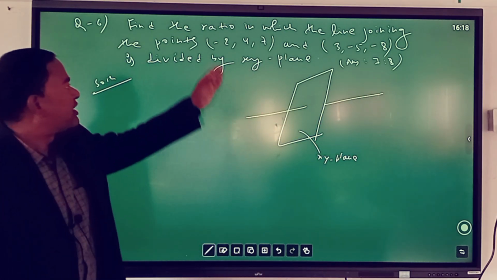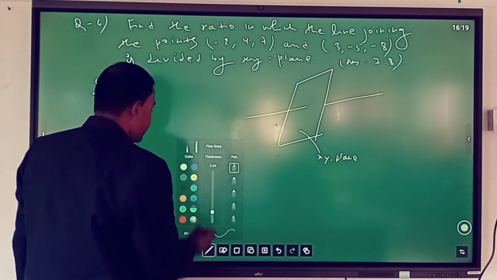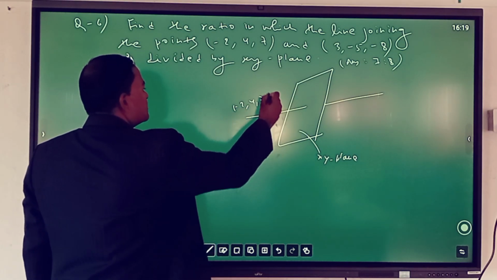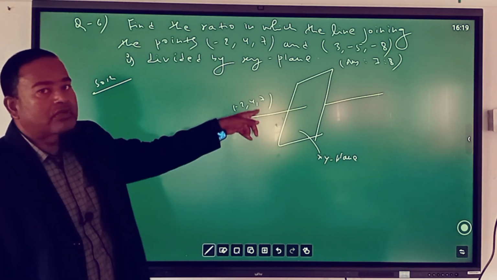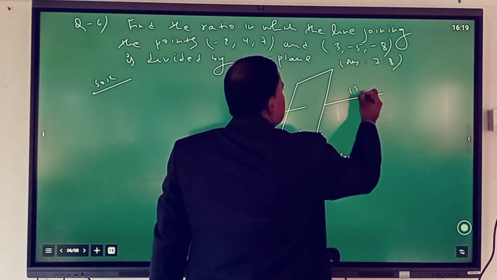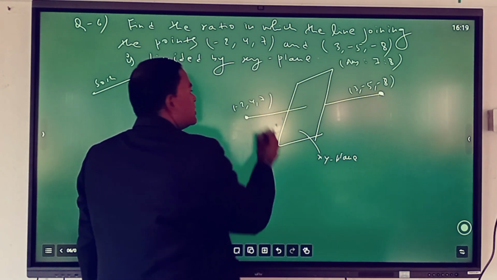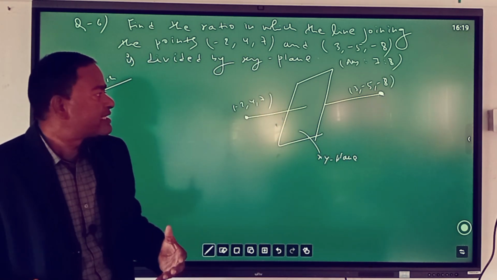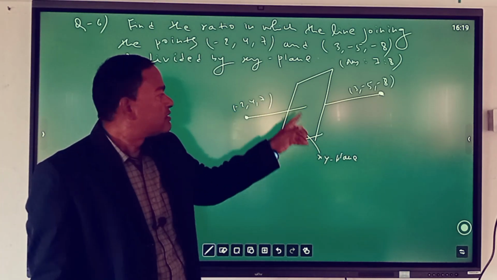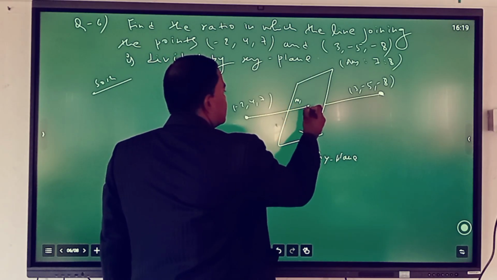And we are given 2 points, (-2, 4, 7), and the next point is given (3, -5, -8). According to the question, now we have to find out the ratio m1 is to m2.